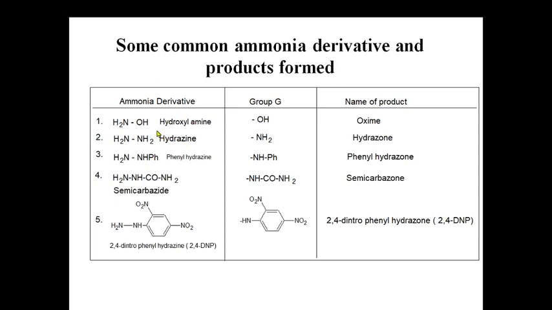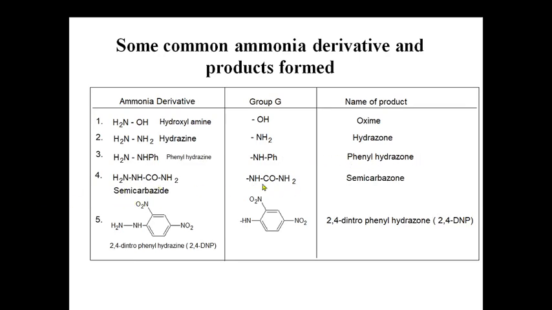If group G is NH2, then it will be hydrazine, and the product will be hydrazone. So just replacing the I by O, you will get the name of the product. This is phenylhydrazine, so group G is NHPh. Obviously the name of the product, just replacing I by O, will be phenylhydrazone.